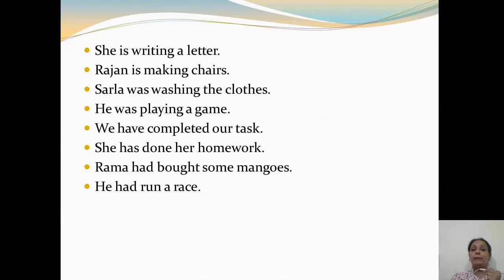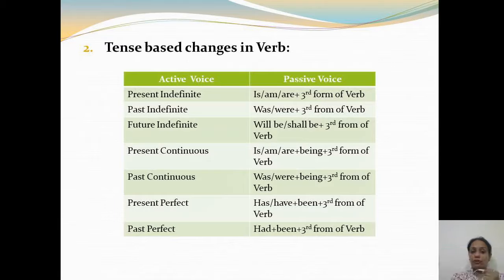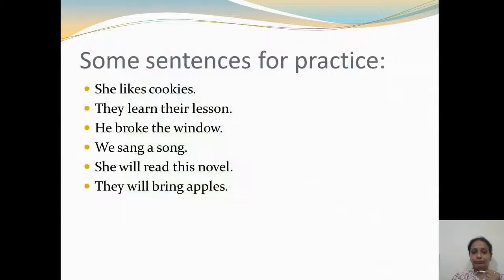Next, look at the next sentence. He was playing a game. Now in this sentence a game will be the receiver of the action. We will begin the sentence with game. A game was. Now as per the rule of the past continuous tense in passive form, we will be using was, were along with being and the third form of verb.